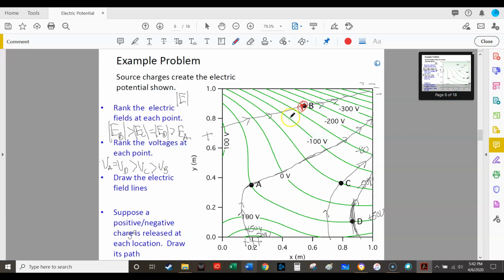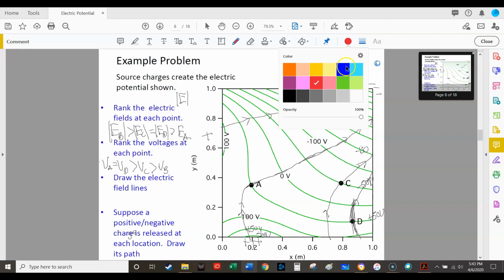So the electric field is going to push this positive charge in the direction parallel to the electric field. So this guy is going to feel a force pushing it downstream. So the electric field is the path that this positive charge would be moving. It'd be moving to the right, and it'd be moving in this direction.